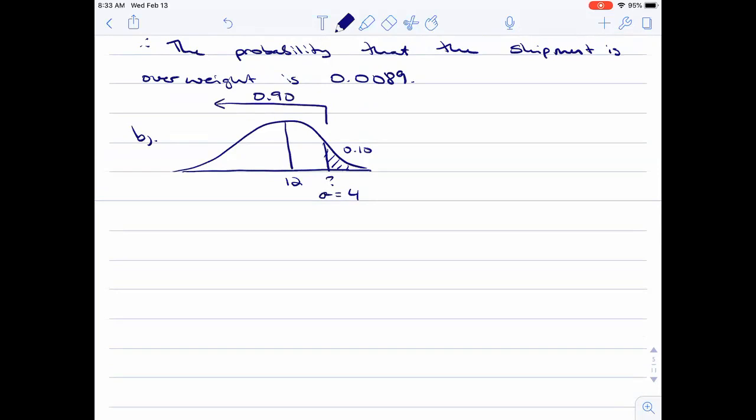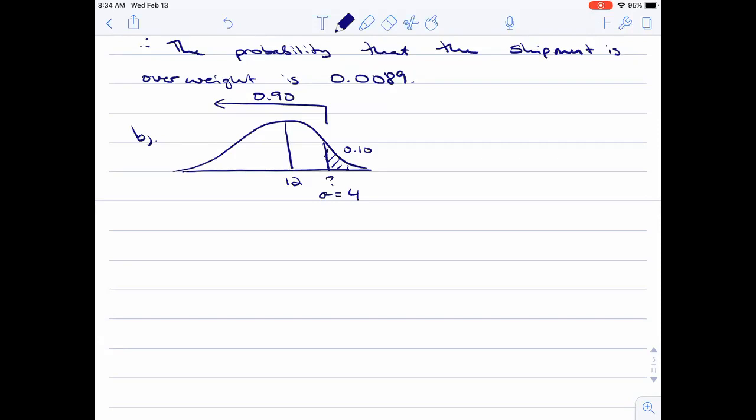And so what we're going to do is find the table entry closest to 0.9, right? Keeping our wits about us, because sometimes things are not as they appear.